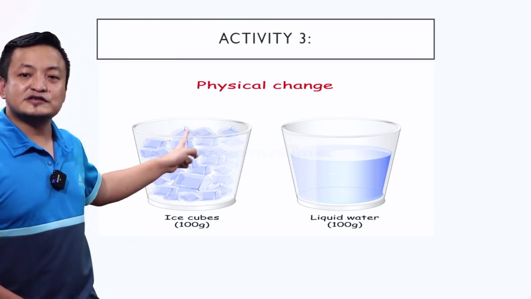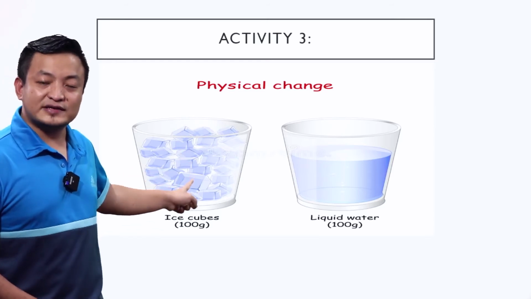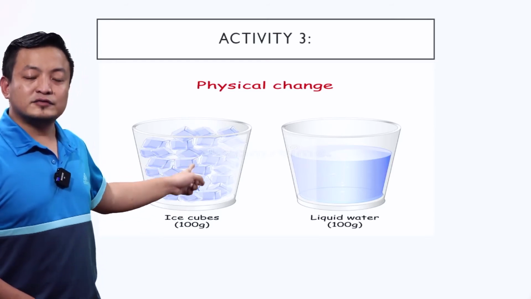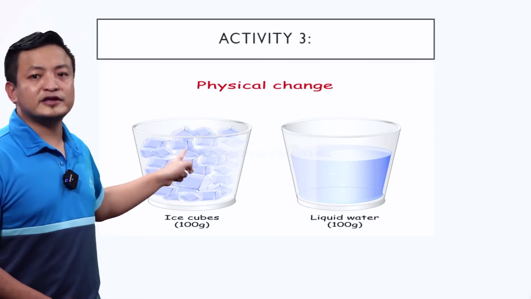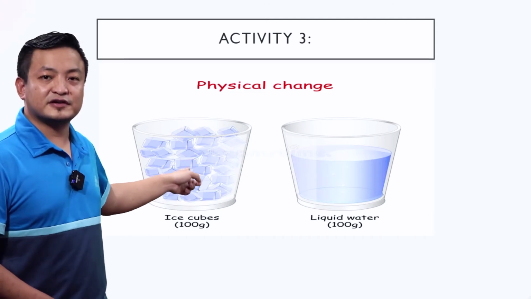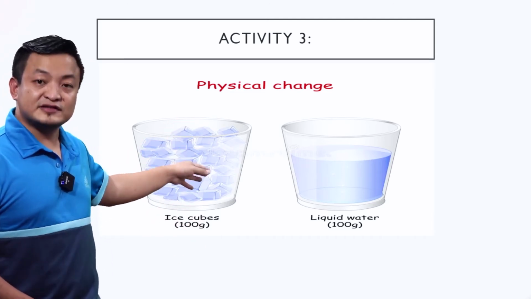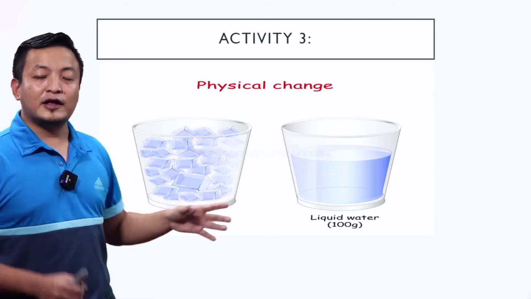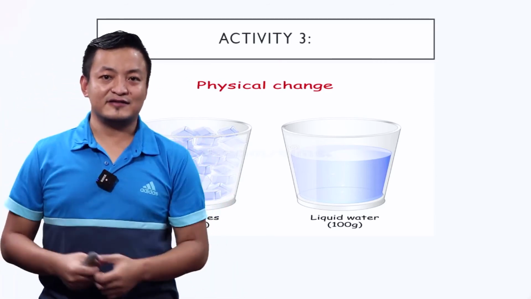It is in solid state, right? Now, students, what do we have to do? We will not keep this in a refrigerator, but we are going to take this glass where we have filled some ice cubes and place it facing the sun.